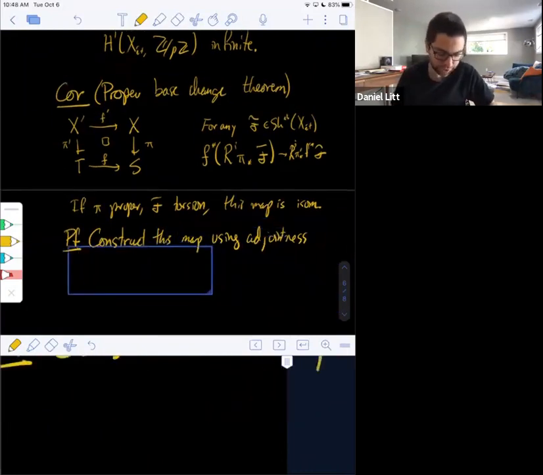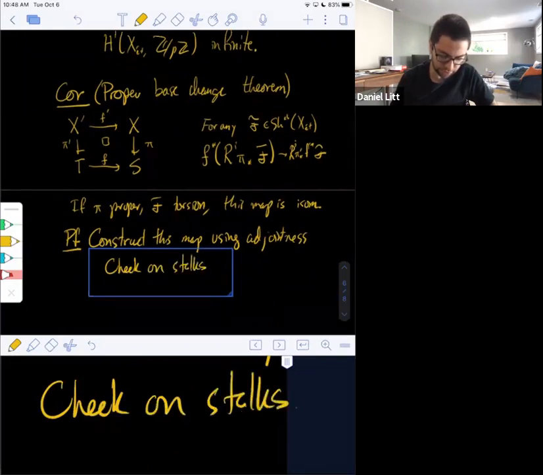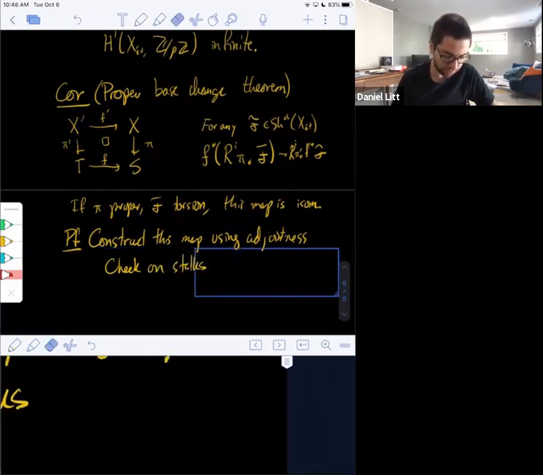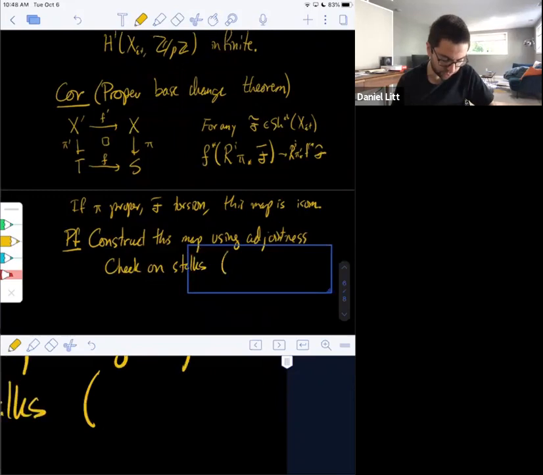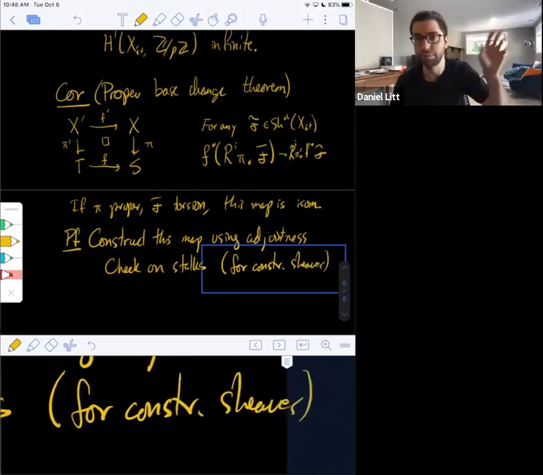But then once you've constructed the map, you can just check on stalks. And then the check on stalks becomes, modulo one issue I'll mention in a sec, just the previous theorem. Okay, so what's the issue? So this works for constructible sheaves. But the theorem is stated for torsion sheaves, so there's some kind of dévissage to get to that case.